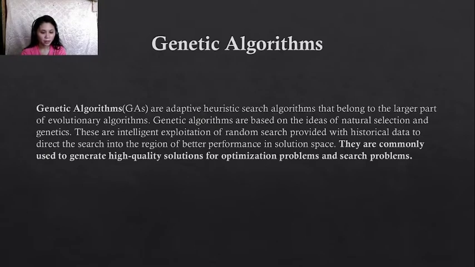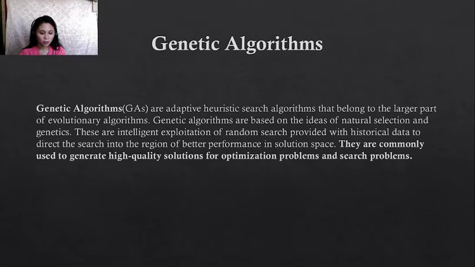So they simulate survival of the fittest among individuals of consecutive generations to solve the problem. And then each generation consists of a population of individuals, and each individual represents a point in search space and a possible solution.